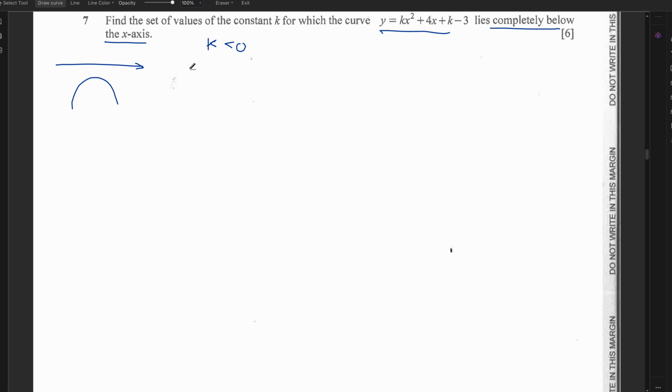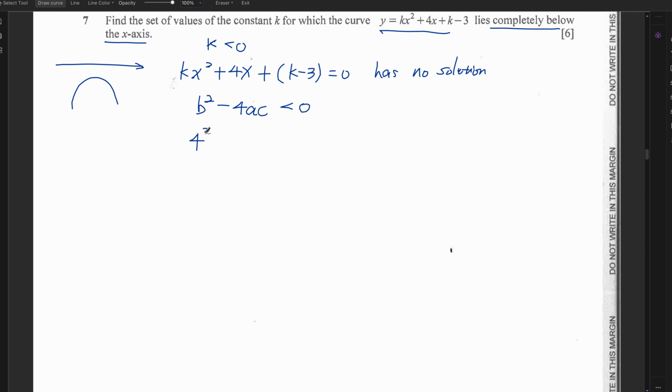And that also means kx squared plus 4x plus k minus 3 equals 0 has no solution, which also translates to b squared minus 4ac is less than 0.